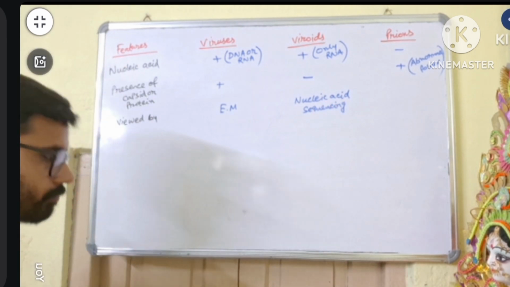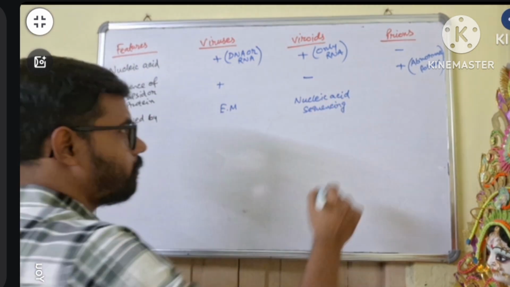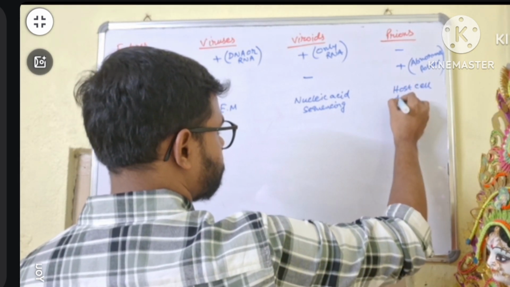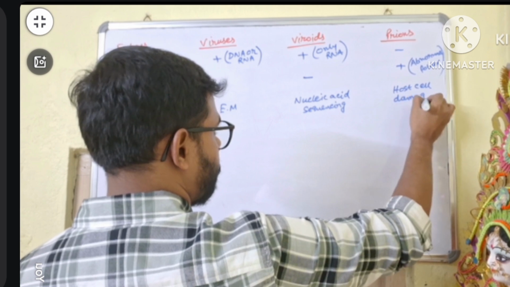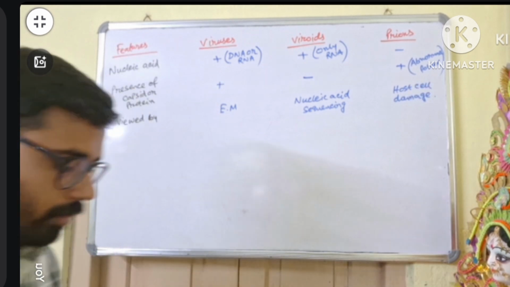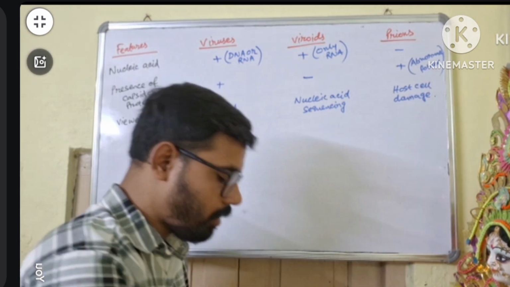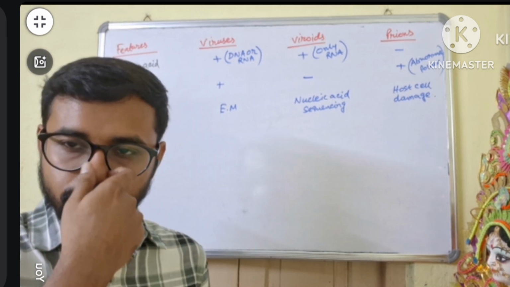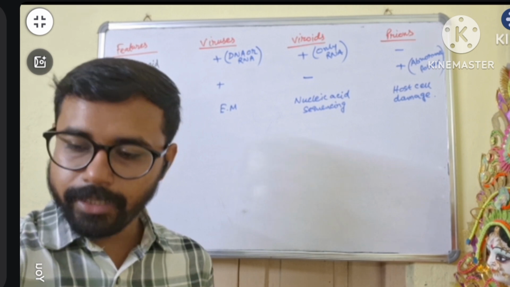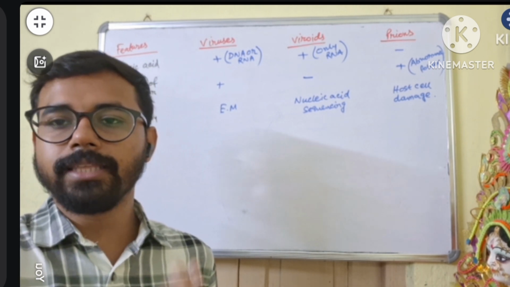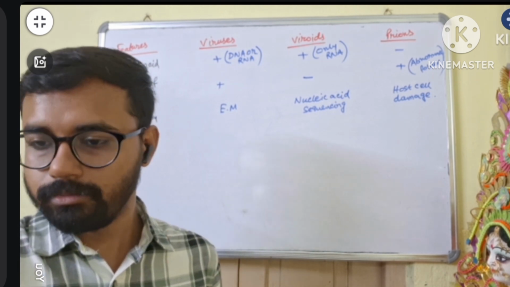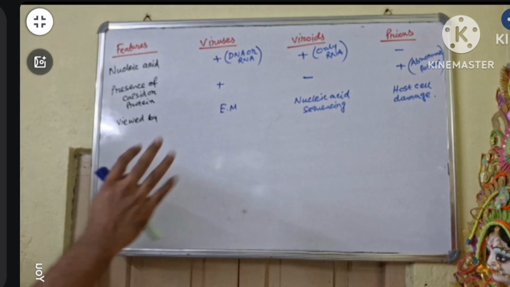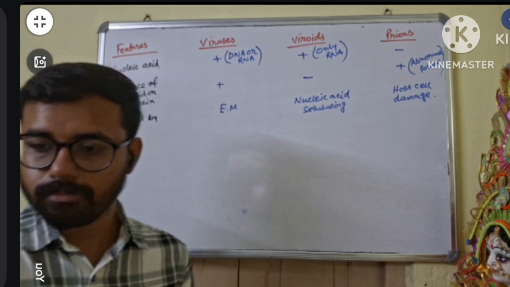And prions are only visualized when host cells are damaged. Otherwise you cannot observe it, because it is a normal protein. When host cells start to get damaged, then you can see that these host cells contain prions. Clear? So beforehand you cannot understand whether prions are in it or not.